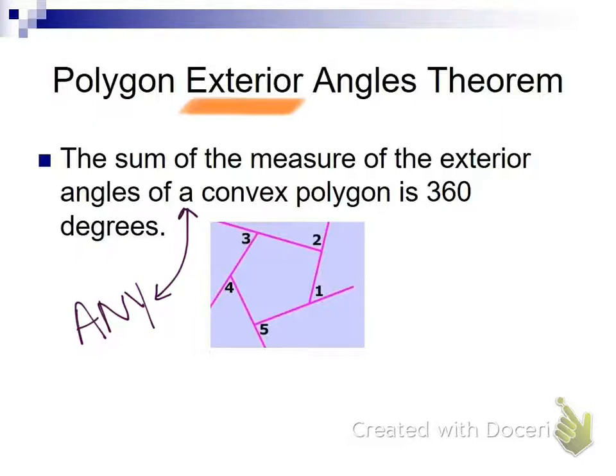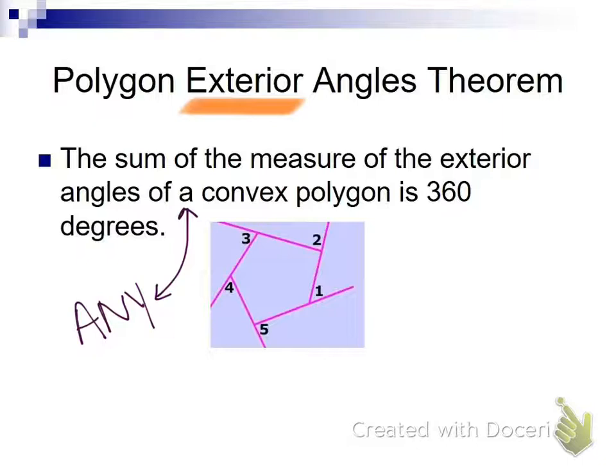They showed us a pentagon with 5 sides as an example here, but it doesn't matter. It's any convex polygon. If you add up the angles outside, it's 360 degrees every single time. Whether it has 5 sides or 50 sides, it's going to be 360 degrees outside of it every single time.